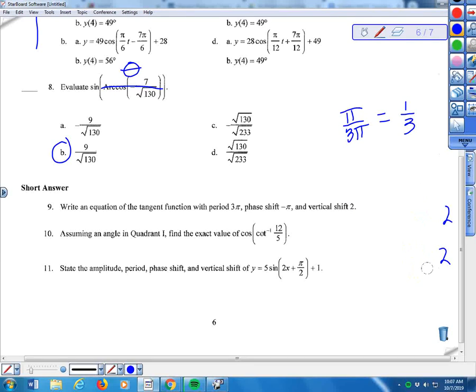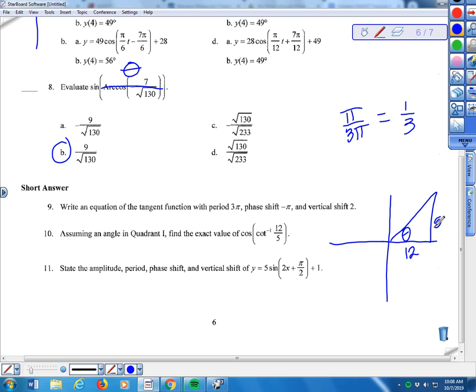Assuming an angle in quadrant 1, find the exact value of cosine of inverse cotangent 12/5. So inverse cotangent is the tangent inverse of, you know what I mean? Tangent would be 5/12, so this is 12/5, right?